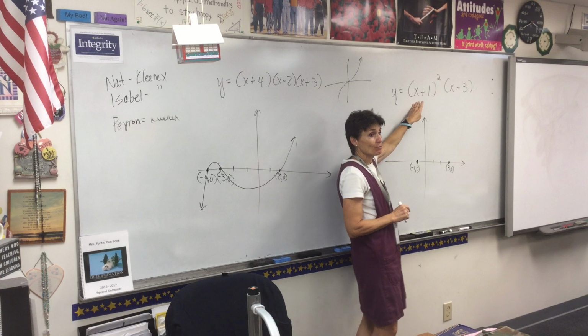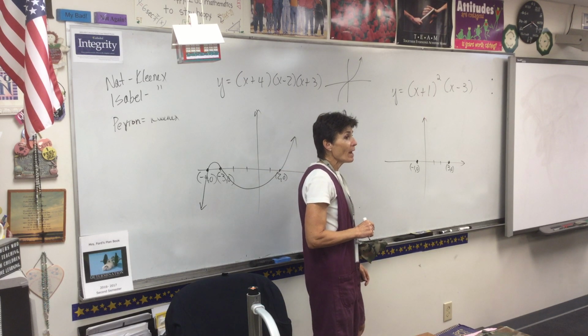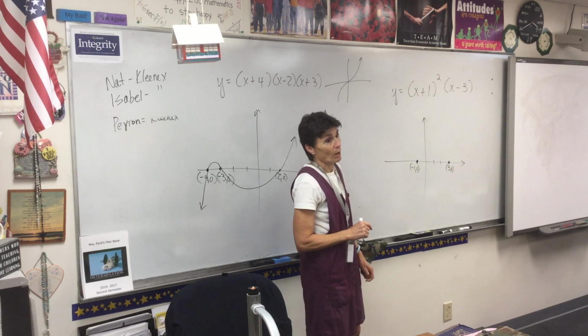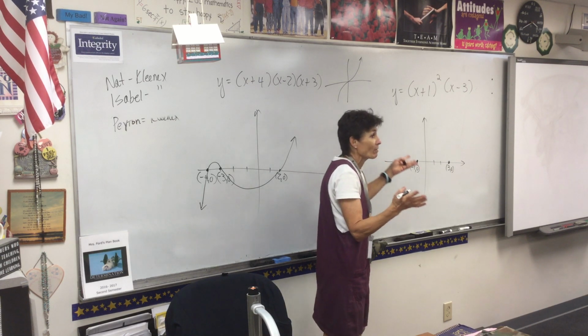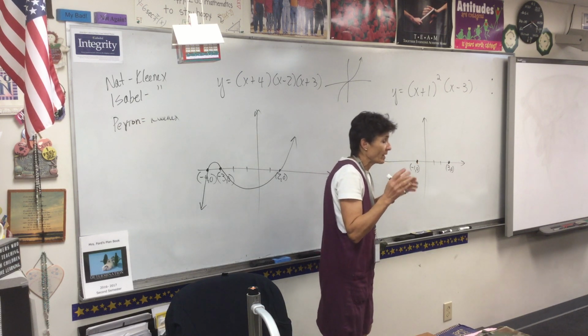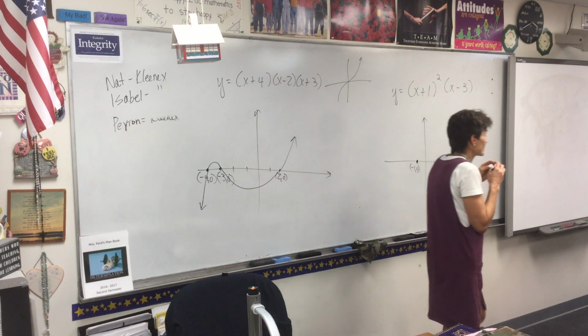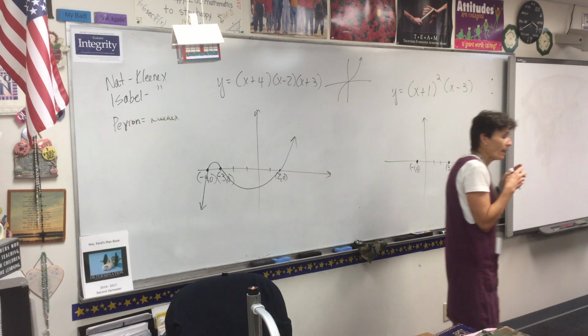Now, what does that mean in terms of the graph? If you have a double zero, a double root, a squared factor, and I know from my BFFs that squaring results in what shape? A parabola.